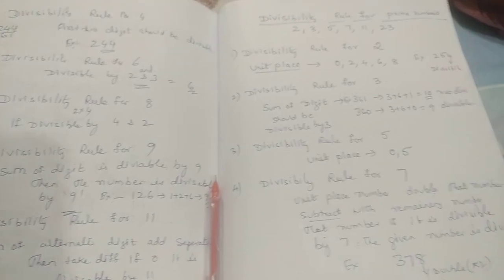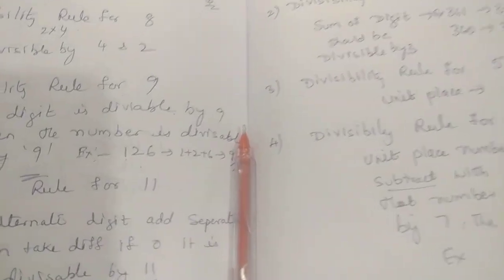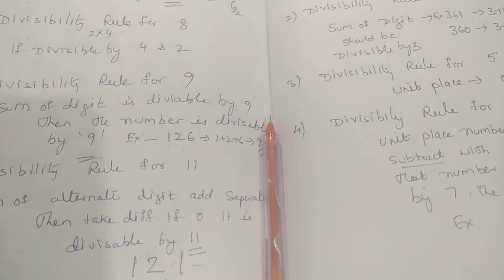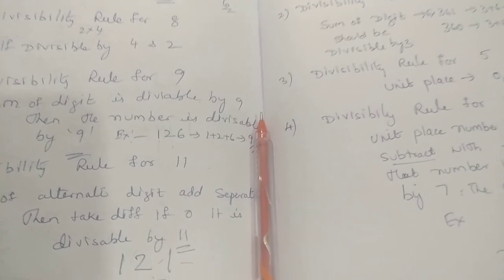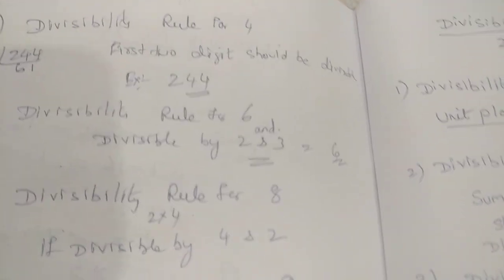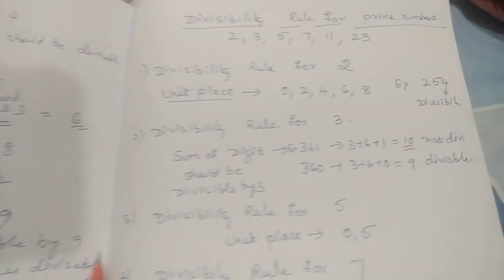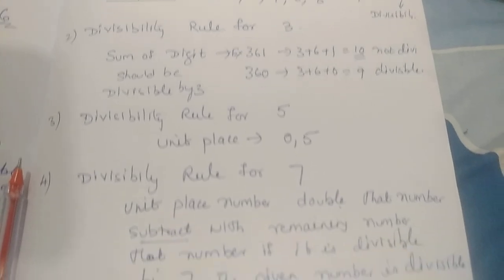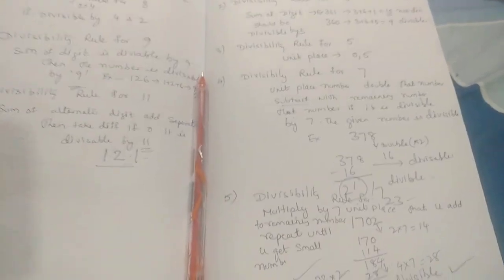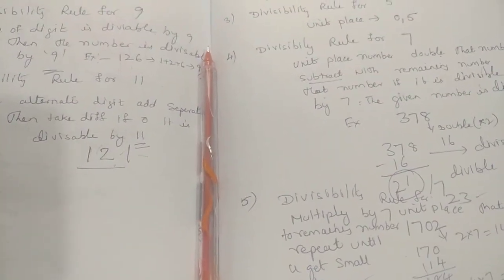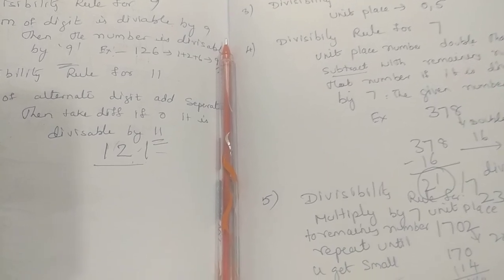It will be easy for you when you take out the prime factors for finding the HCF and LCM in the next topic, and for doing the division using the prime factorization method.